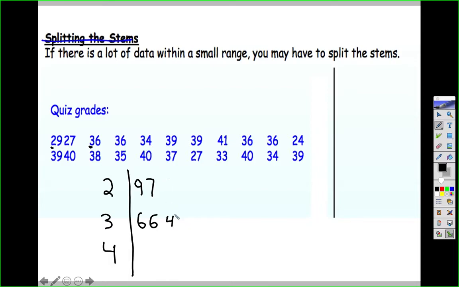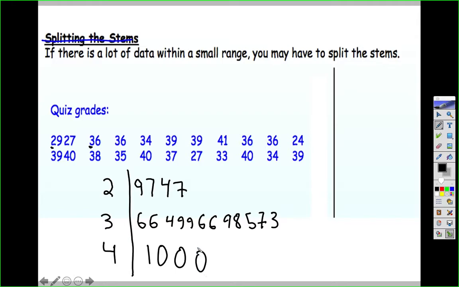34, 39, 39, 41, 36, 36, 24, 39, 40, 38, 35, 40, 37, 27, 33, 40, 34, and 39.